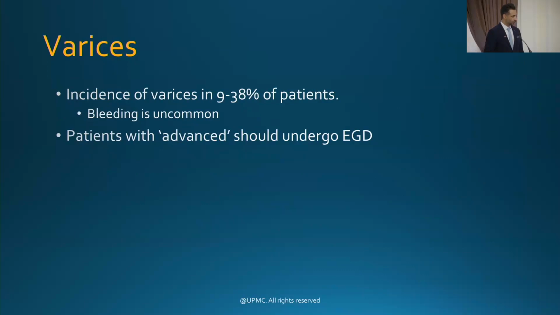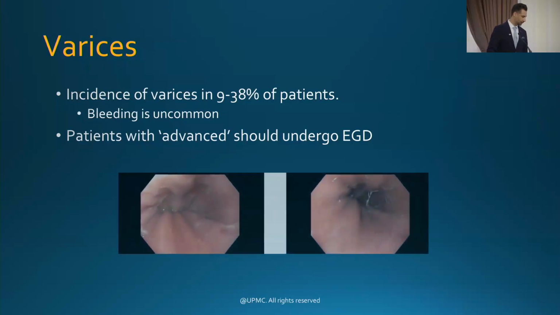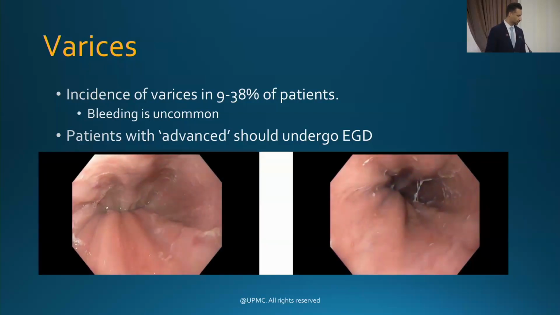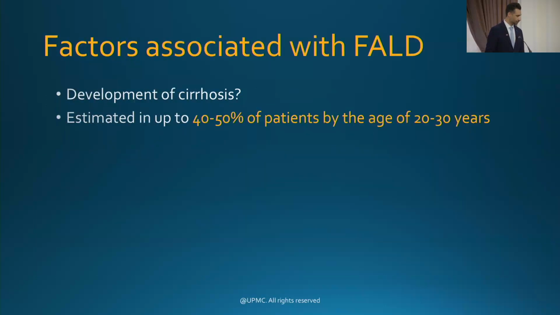The incidence of varices also in about 1/3 of patients. Bleeding, however, is uncommon. All appropriate patients should undergo a surveillance EGD. Our patient underwent an EGD and there were trace to small esophageal varices. So if you take one home message from my talk, it's probably this one.